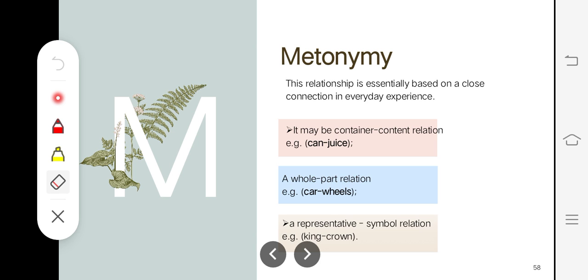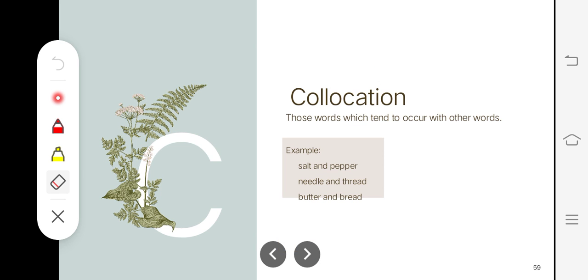So the next one is collocation. Those words which tend to occur with other words. One other distinct aspect of our knowledge of words has nothing to do with any factors considered so far. We know which words tend to occur with other words.